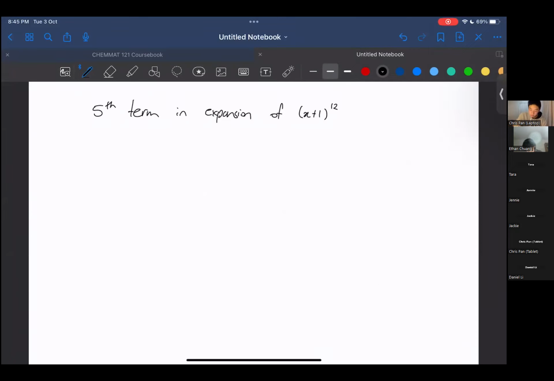So we know that this is going to look something like one plus something x plus something x squared plus something x cubed plus something x to the fourth, and then it's going to keep going on. So we want that term right there, because that'll be the first term.